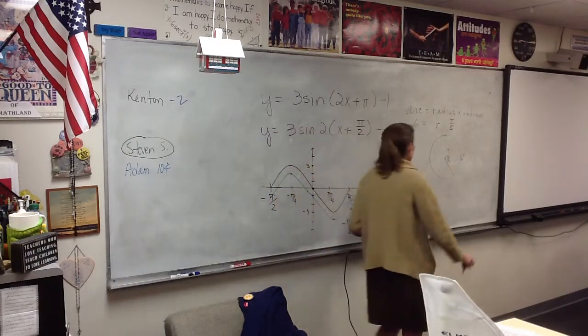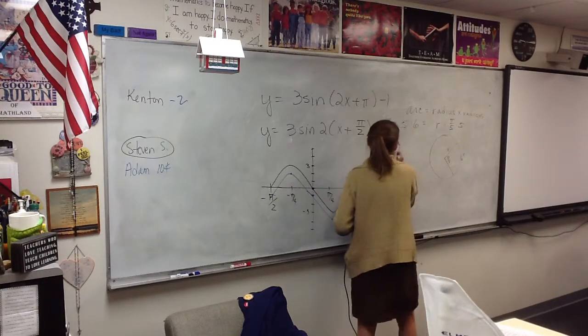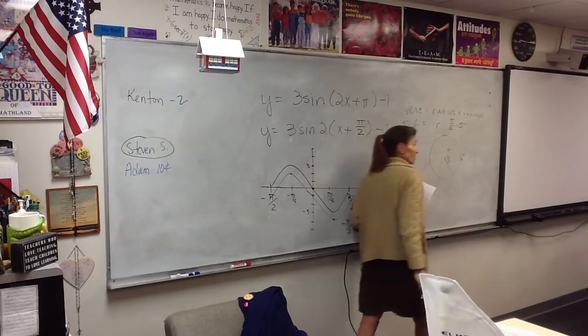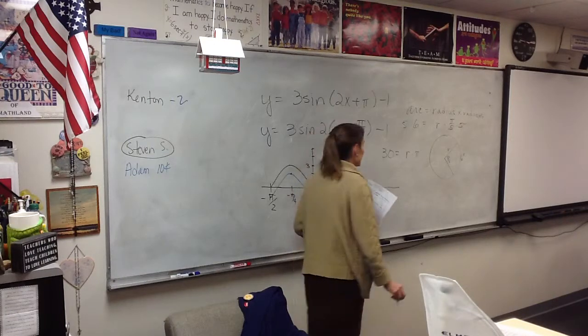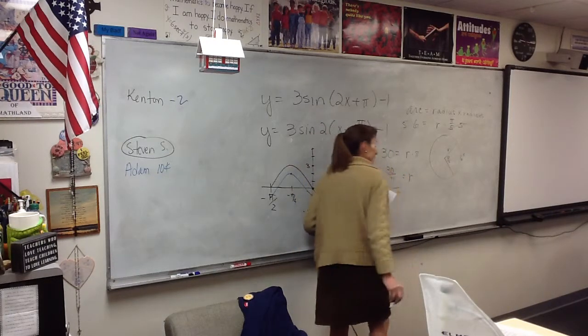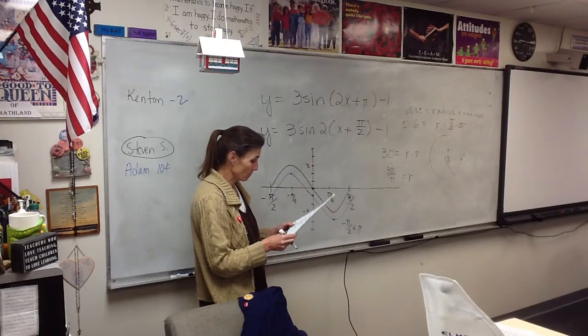Times both sides by 5. So now you have 30 equals r times pi, right? Because those cancel. So then what? Divide by pi, so r equals 30 divided by pi. That's your radius. It is that simple.